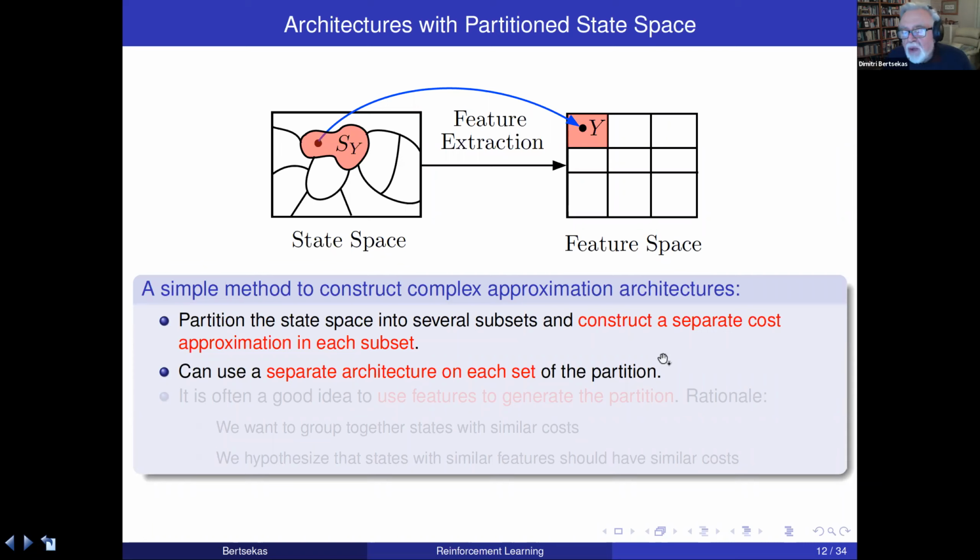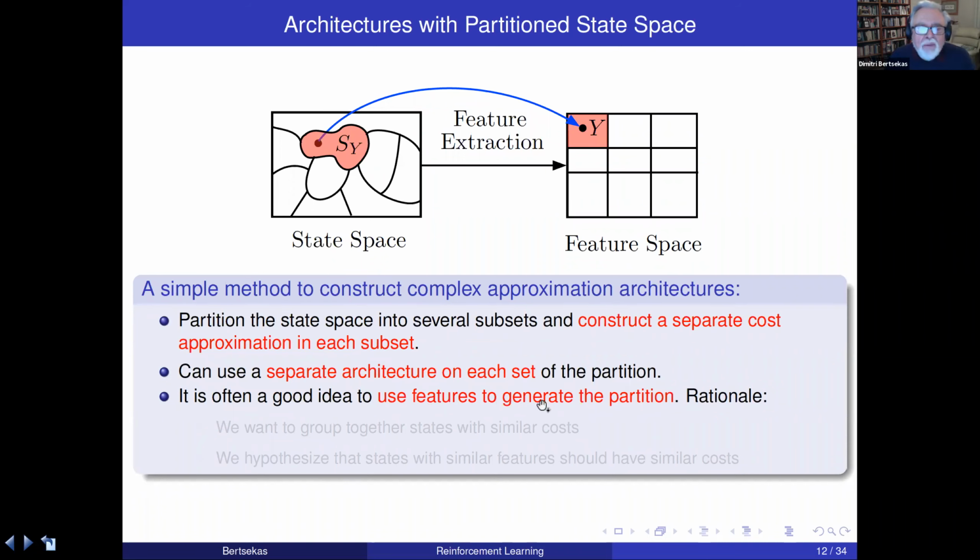But the point that I want to emphasize here is that it is possible to use a regular partition for the state space and approximate within each square of the grid. But that's not a good idea, generally speaking. Instead, it's a good idea to generate a partition by using features.